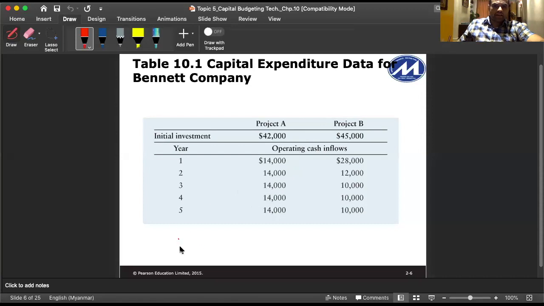So using the ARR method, which one should we select?